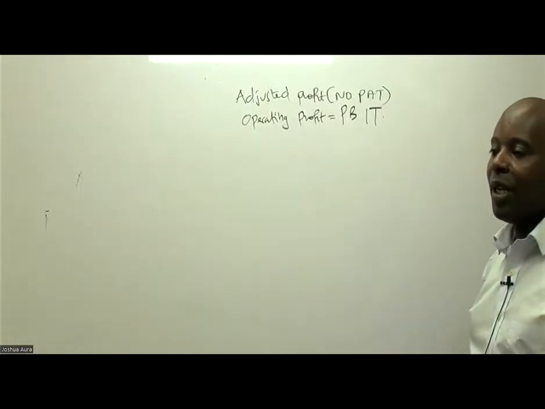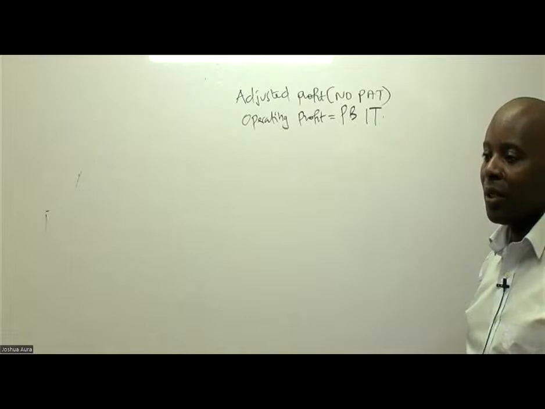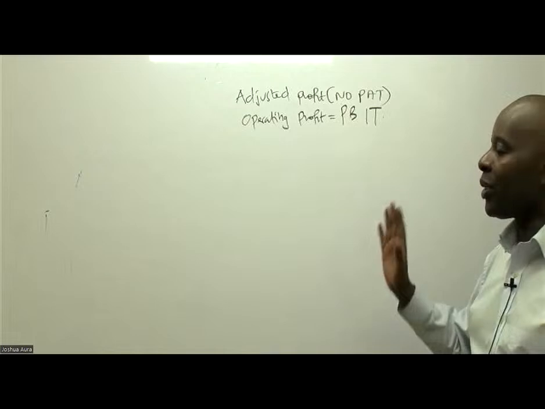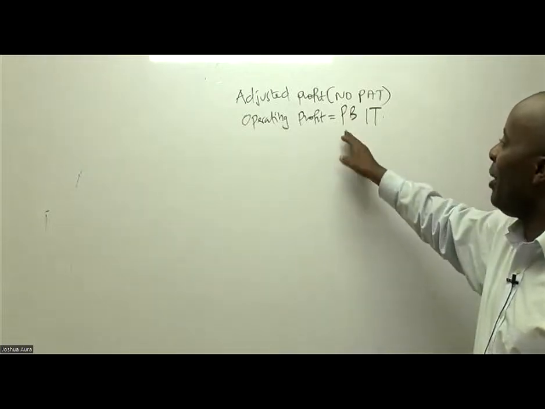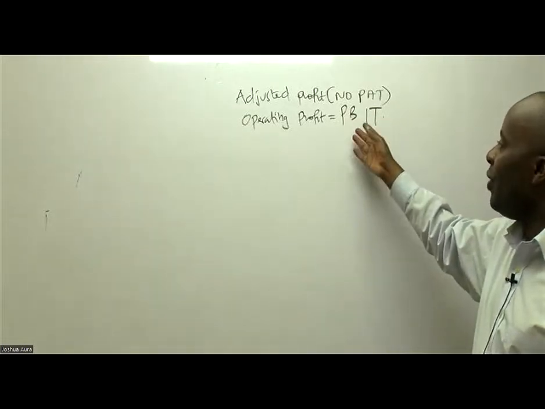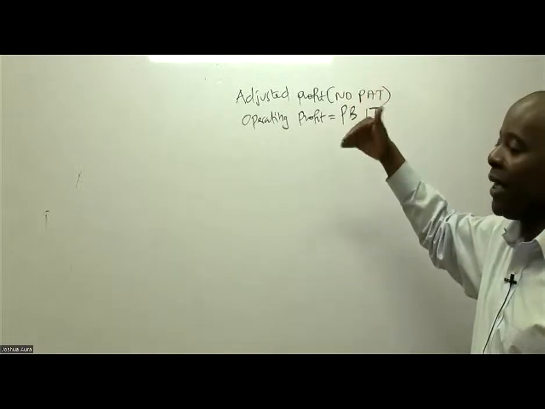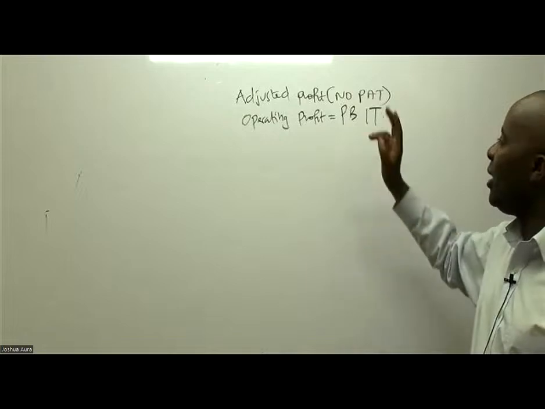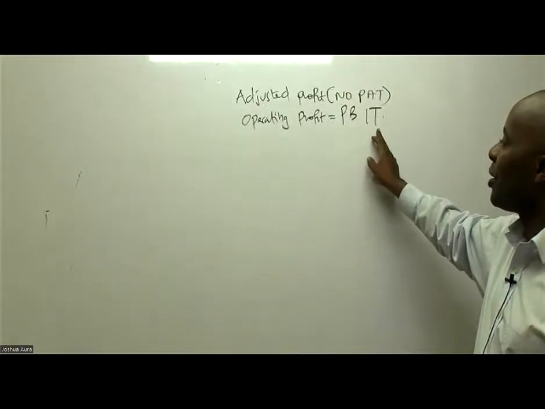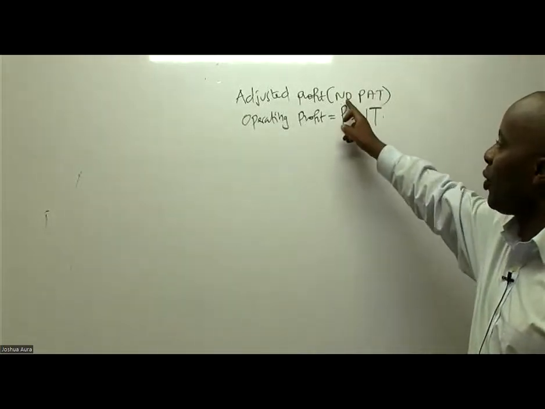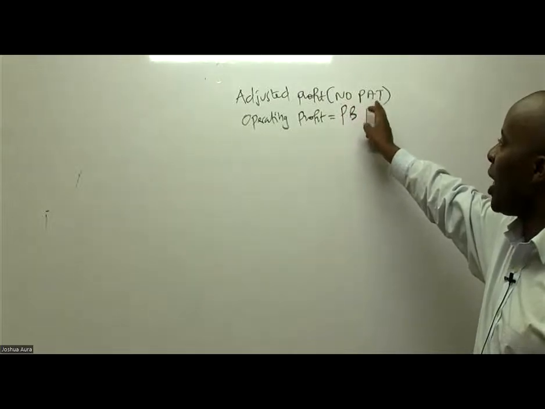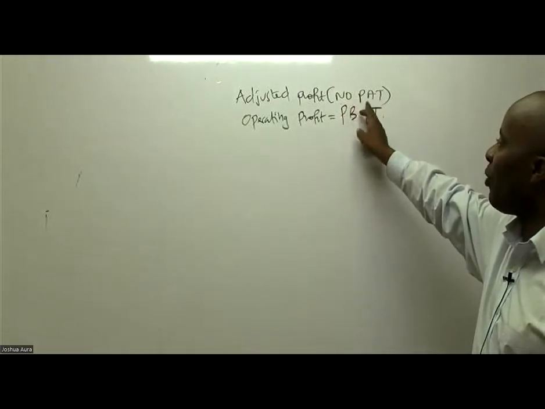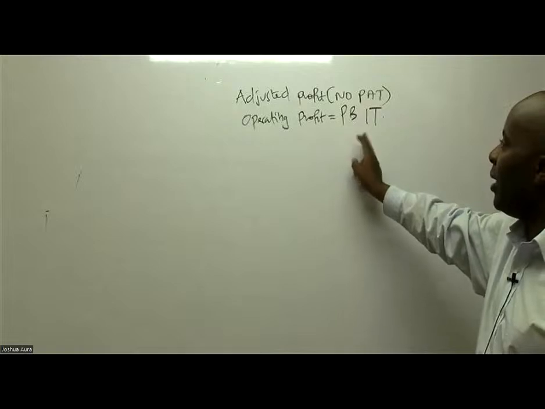To get this PBIT, it's very easy. Just look at all the items affecting our profitability and leave out the interest and the tax. But later on, of course, to get net operating profit after tax, you will deduct the tax aspect.